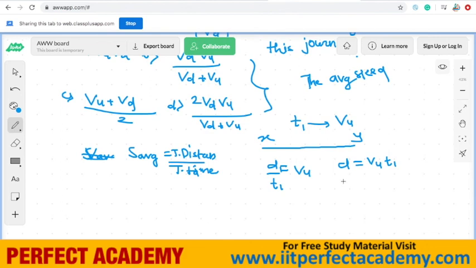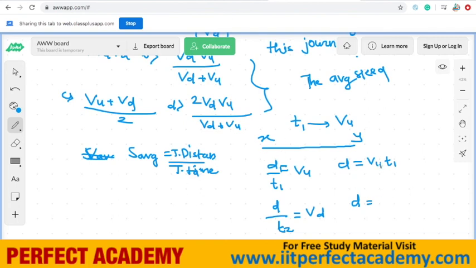Now second thing is that while coming from y to x, d by T2 is equal to VD. So again I can say D is equal to this, but the concern is the times are different, so I want to find their relations.